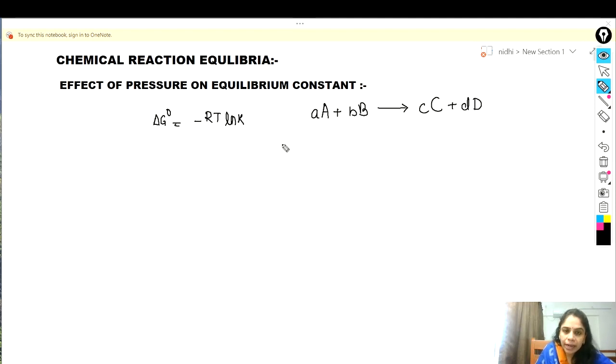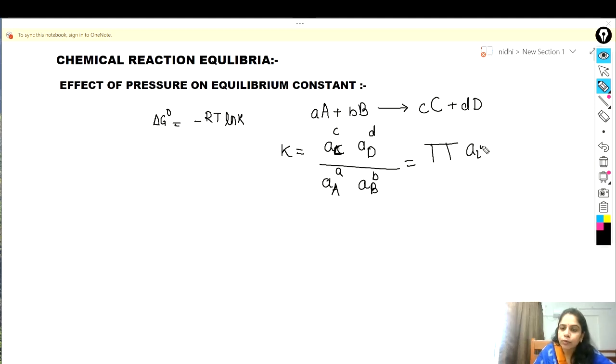So you can write the equilibrium constant in terms of activity: K equals a_C to the power c, a_D to the power d, upon a_A to the power a, a_B to the power b. You can write this as the product of the activity of all components i present in the reaction, raised to the power of the stoichiometric coefficient of component i.